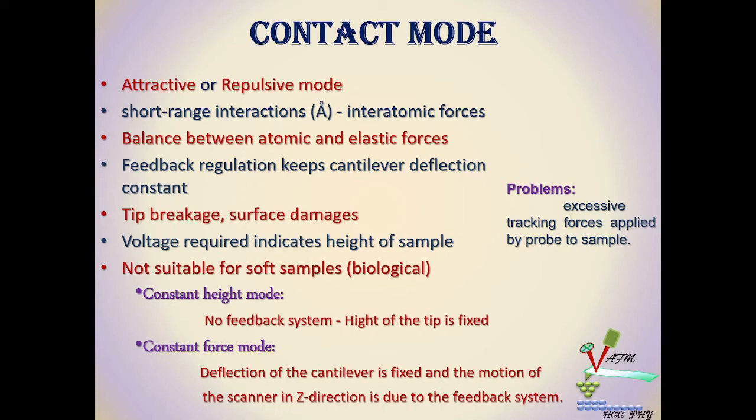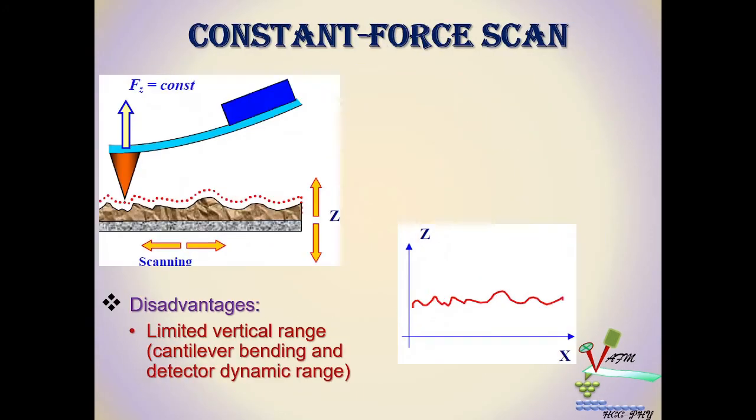In contact mode there are two different modes, constant height mode and constant force mode. In constant height mode, no feedback system is used and the height of the tip is fixed. In constant force mode, the deflection of the cantilever is fixed and the motion of the scanner in the Z direction is due to the feedback system.